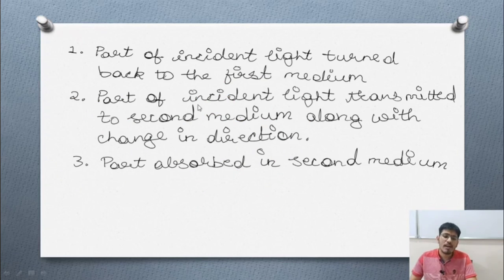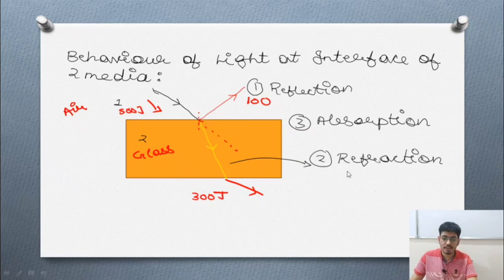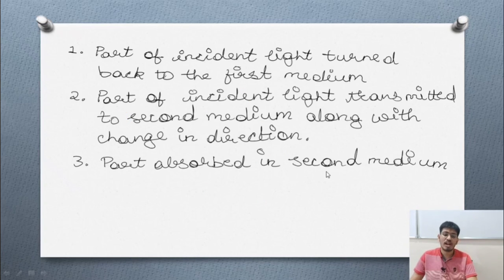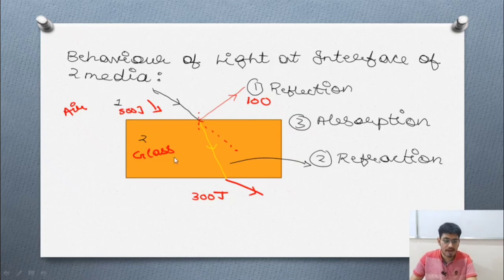Second thing, the part of incident light which is transmitted to the second medium along with a change in direction is known as refraction, which we have discussed over here. Third thing, another part is getting absorbed in the second medium. Yes, some part is getting absorbed in this glass slab, so that comes under absorption.